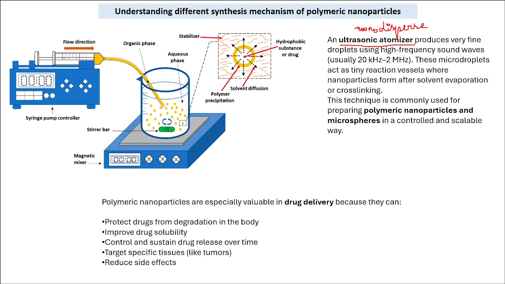We regulate the flow rate of the liquid from it, and then this is the magnetic stirrer with a magnetic bead in it that continuously rotates and produces agitation. It produces very fine droplets using high frequency sound waves, 20 kilohertz to 2 megahertz. These micro droplets act as tiny reaction vessels where nanoparticles form after solvent evaporation or cross-linking. This technique is commonly used for preparing polymeric nanoparticles and microspheres in a controlled and scalable way.